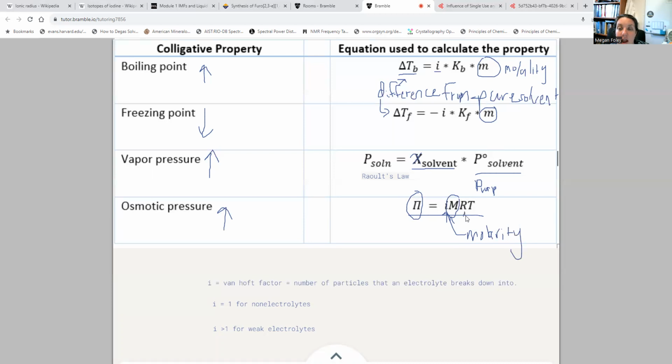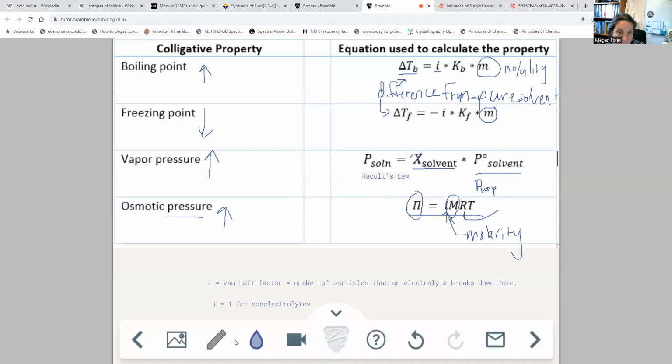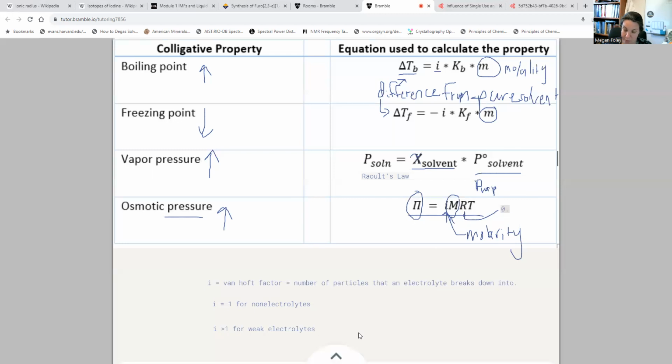And then this is our gas constant based on pressure, because we're dealing with an osmotic pressure. So this is going to be 0.08206 liters times atmospheres divided by mole times Kelvin.